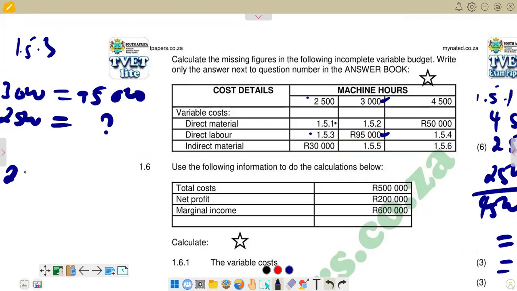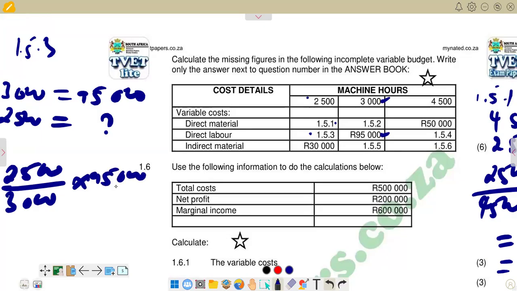What we don't have always becomes a numerator, and what we have becomes a denominator. Then we multiply by 95,000 over 1. So you calculate that one, and the answer to the nearest one number becomes 79,167. So this is what we have.